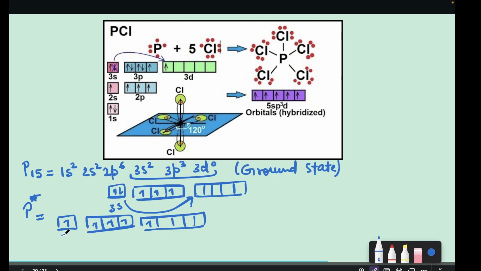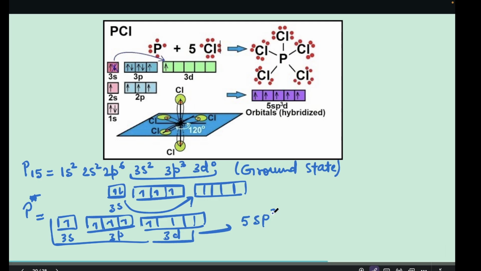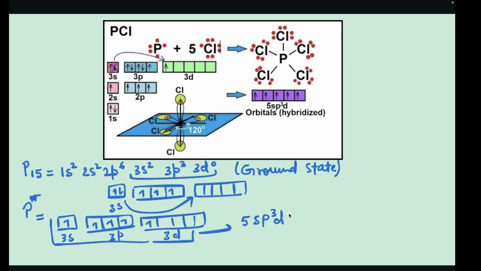Now this is 3s, 3p and 3d. Now these 5 orbitals mix and form 5 sp³d hybrid orbitals.